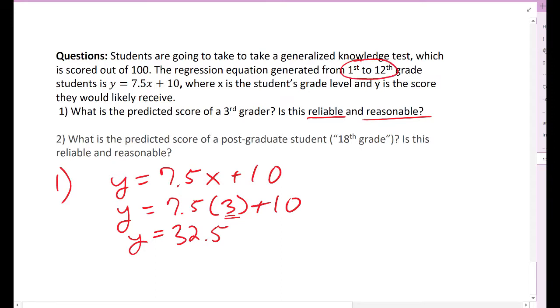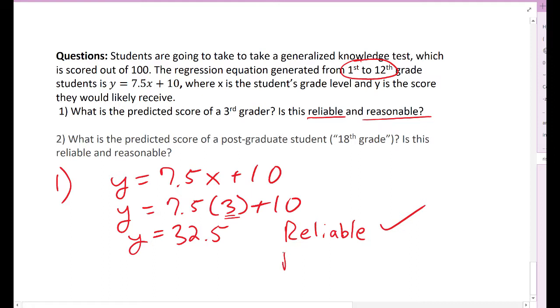So we are interpolating, which is a good thing. This answer is reliable because we are plugging in an x value between 1 and 12. If we had plugged in a 0, let's say, or 15, then that no longer becomes reliable. Now we are extrapolating, which is no bueno.